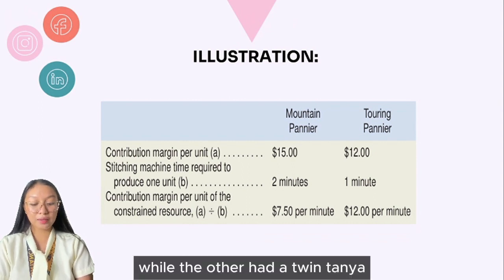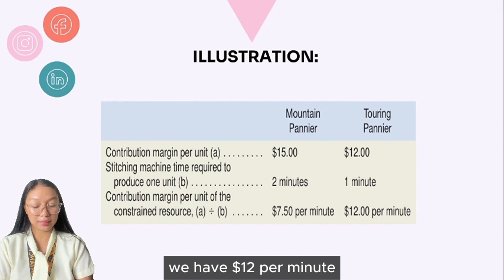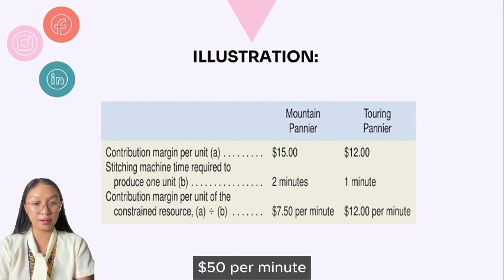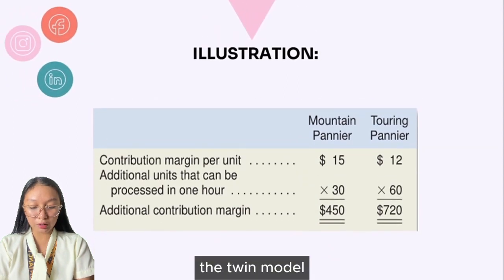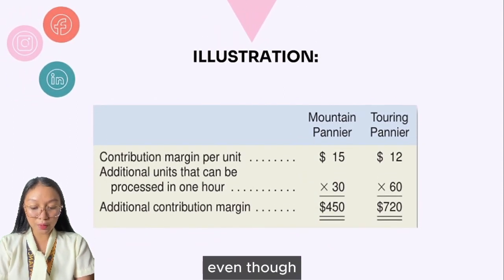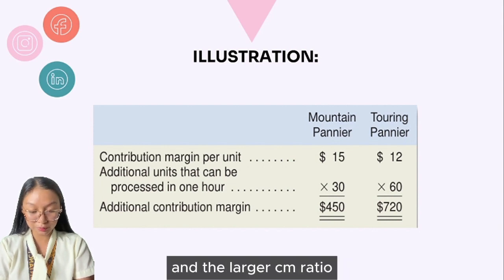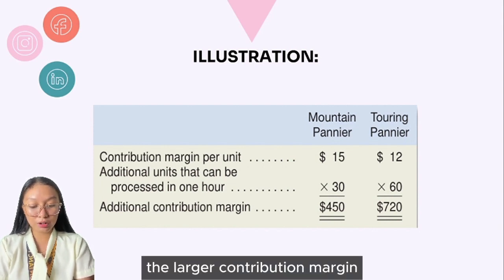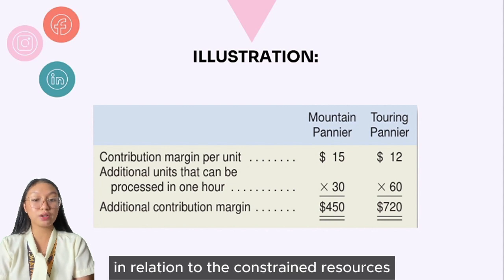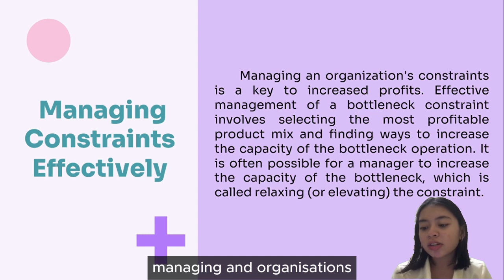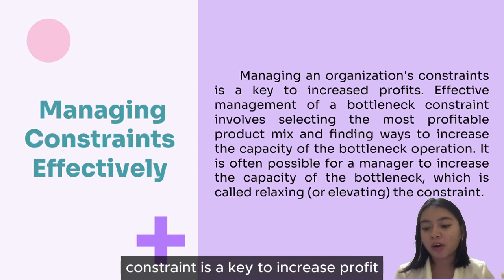On the other hand, for the touring pannier, we have $12 per minute. The comparable figure for the mountain pannier is only $7.50 per minute. Therefore, the touring model should be emphasized. Even though the mountain model has a larger contribution margin per unit and a larger CM ratio, the touring model provides the larger contribution margin in relation to the constrained resource. Managing constraints. Effectively managing an organization's constraint is a key to increasing profits.